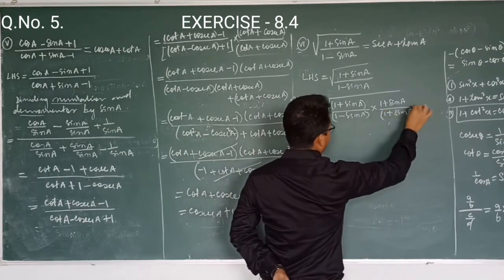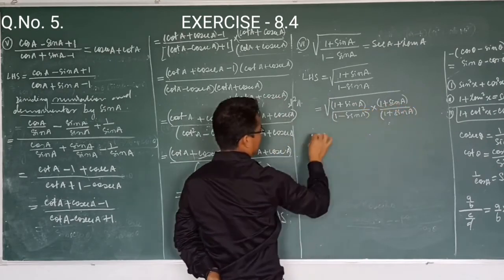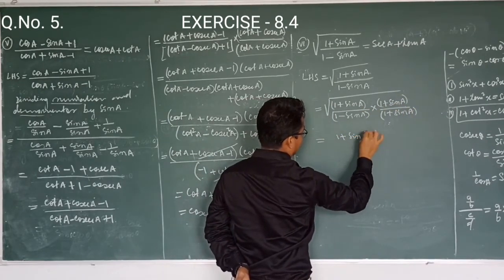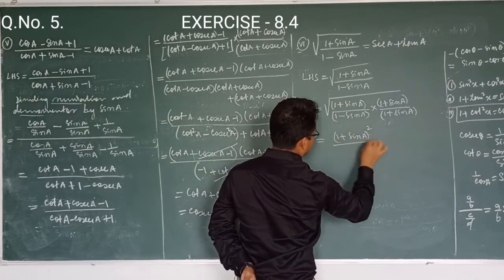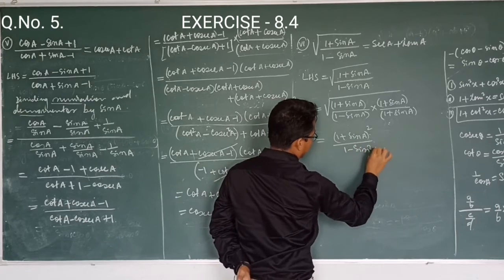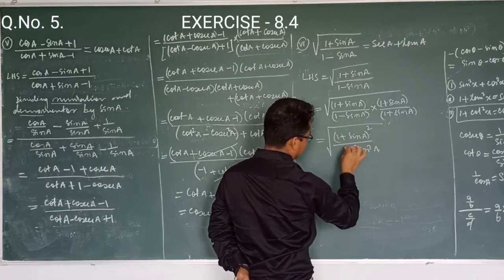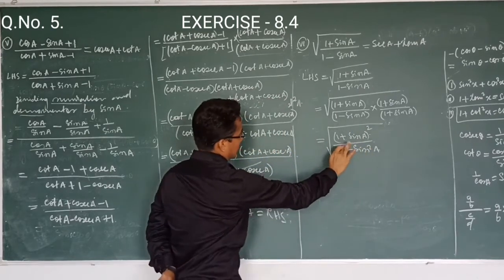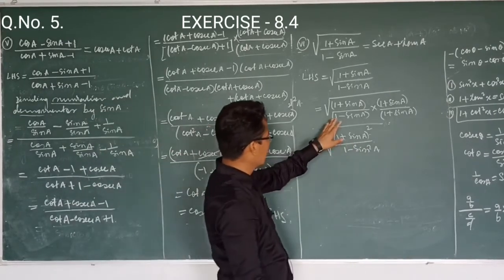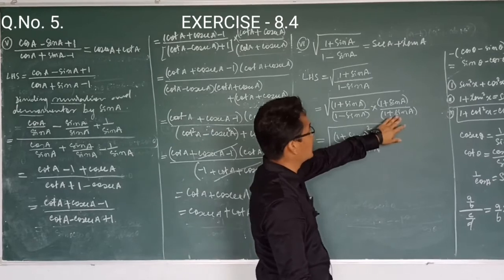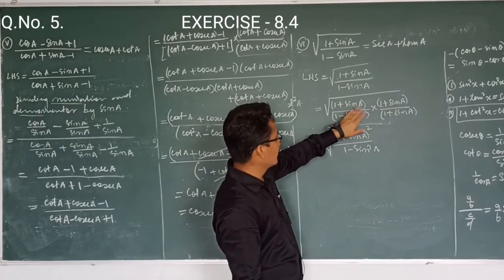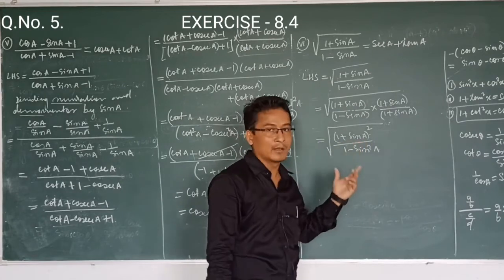So what we will get? So this we will get 1 plus sin A whole square, and this is 1 minus sin square A. Actually this is also square, so 1 square is 1 only, that's why we do not write that. This is the A minus B, A plus B formula, we use it in denominator.